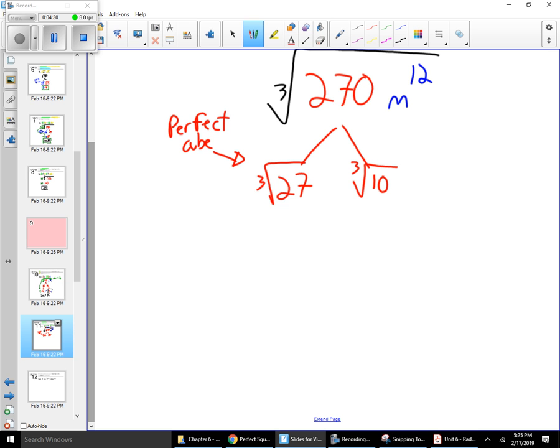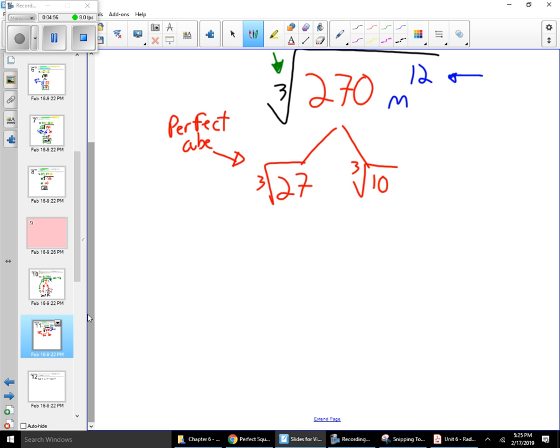m to the 12th, we're back to playing that middle school game, but now the index of our radical is 3. And we write the 3, unlike the square root where we don't write a 2. We do write the 3 when talking about cube roots, so we know which kind of radical we're talking about. So the question we're asking is how many times does 3 go into 12? 3 goes into 12 4 times, so an m to the 4th is going to come out of this radical.